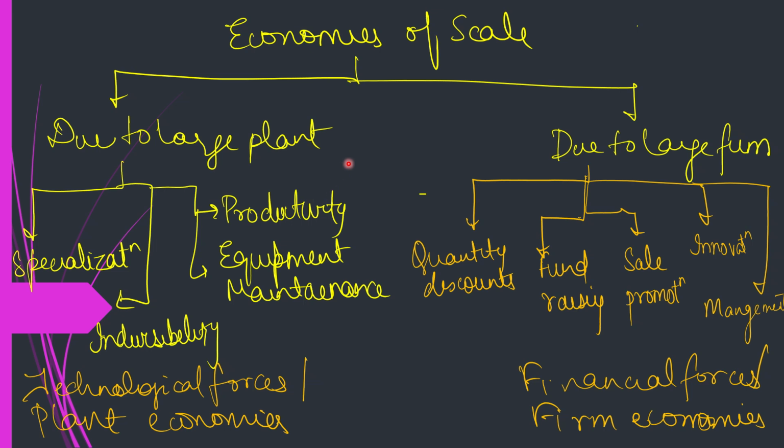So in the U type shape, first economies and then diseconomies. In the inverse shape, only economies, but in the L type shape, economies is for a long time, long run. So this is what I had missed, so I had to cover here. So that's all.